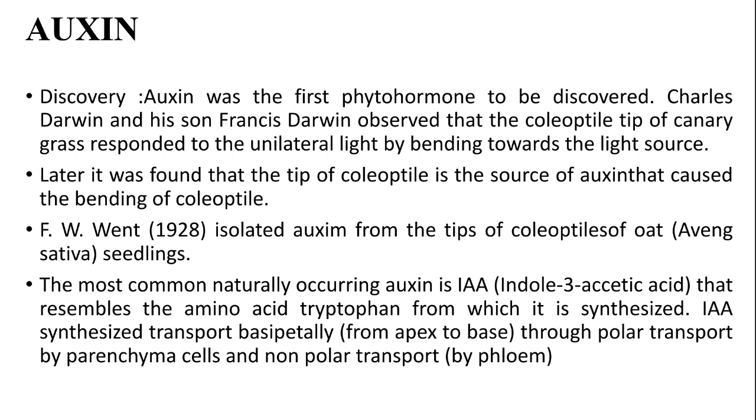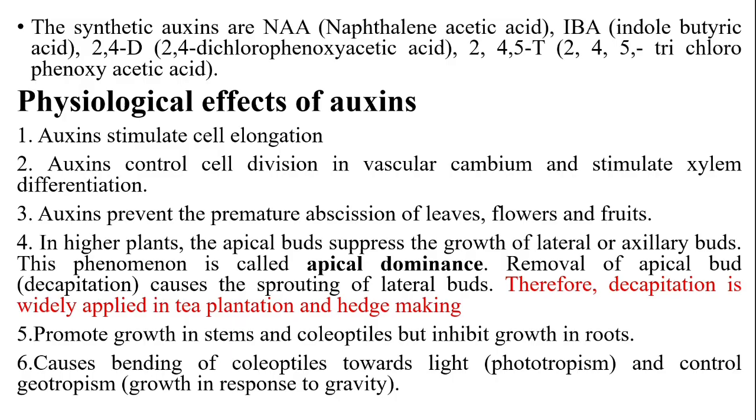Then indole acetic acid is synthesized and transported basipetally, that is from the apex to the base of the plant through polar transport. Polar transport means it is transported from one pole to the other pole of the plant, by the parenchymatous cell or tissue. And they also travel by non-polar transport by the phloem.